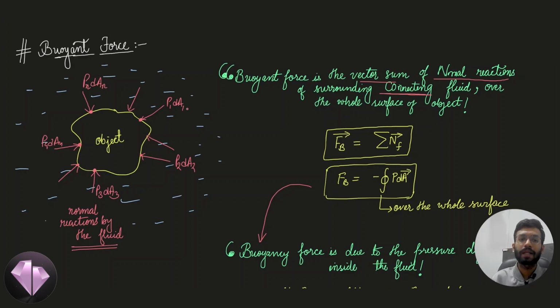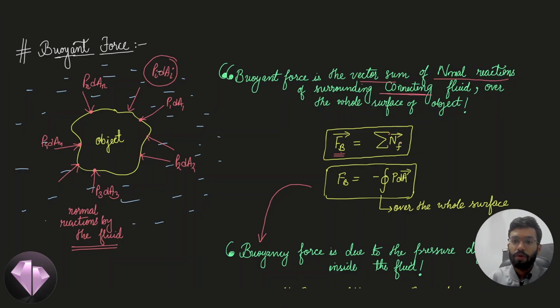Surrounding connecting fluid जो भी normal reactions लगा रही है, this is P1 dA1, P2 dA2, P3 dA3, ये सारी जो forces लग रही हैं over the whole surface of the object, इनका जो वेक्टर सम अगर रख करोगे, इन सबको जब हम वेक्टर सम करके जो इनका नेट फोर्स निकालेंगे, that net force is nothing but our buoyant force. So this net force, which is FB, the buoyant force is equal to summation of all the normal reaction forces applied by the fluid.